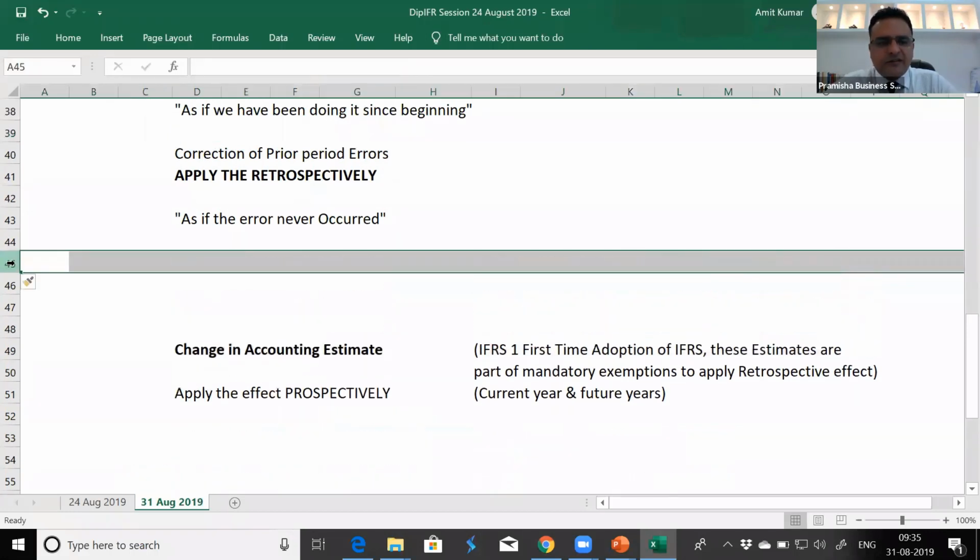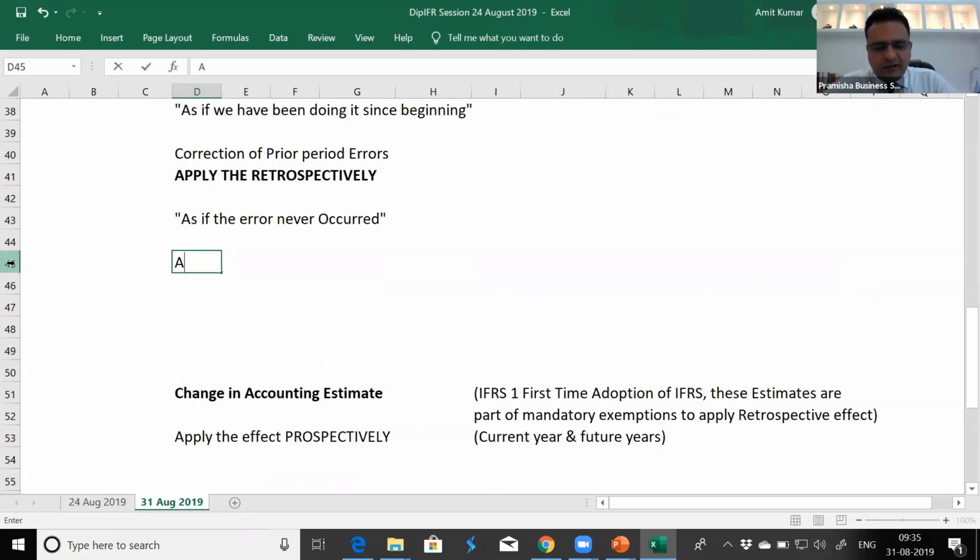There's one relaxation. Apply the effect retrospectively as far as it is practicable to do so.